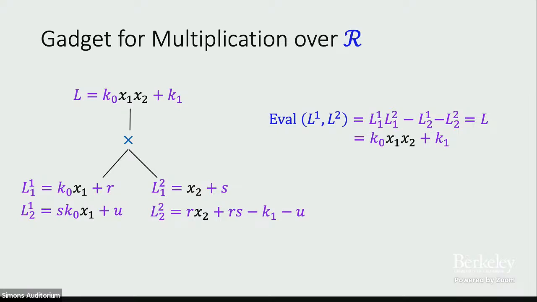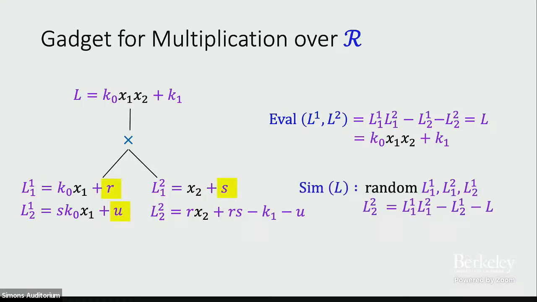So for evaluation, trust me that this is going to work out. And what about simulation? Well, notice again that all three of those labels have a completely random blinding factor. So all you do is, again, randomly sample those three and reverse compute the last one using the output label.